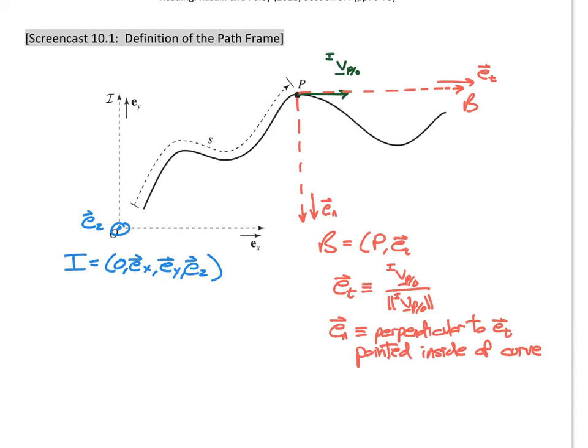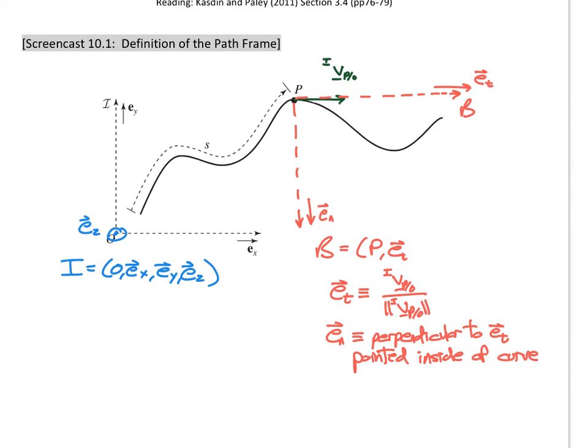And so to explicitly define this direction, we say that it's perpendicular to E sub t, but we can't stop there because we have two options for that. It can either point away or up, as we're showing it here, or down. And so we define that even further by saying it must be pointed to the inside of the curve, or to the concave side of the curve.